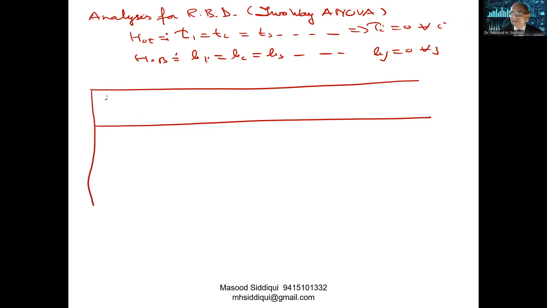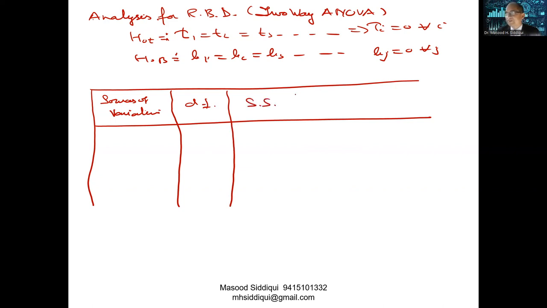The first column is sources of variation. The next one is the degrees of freedom. The next one is the sum of squares. The last one is the variance ratio.